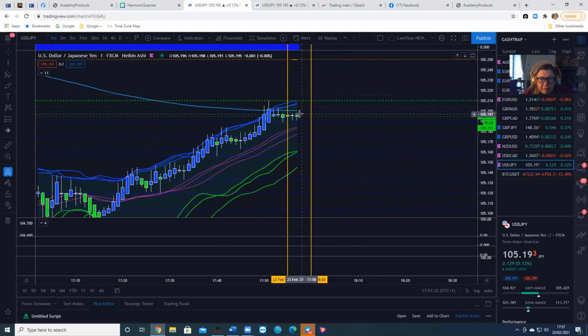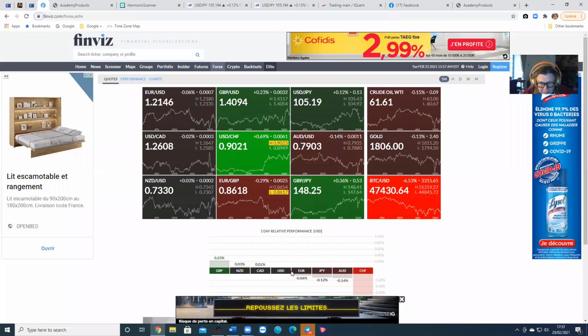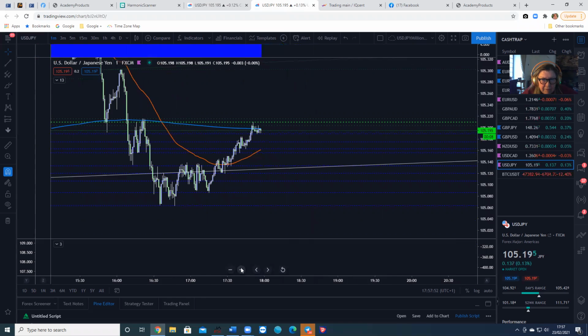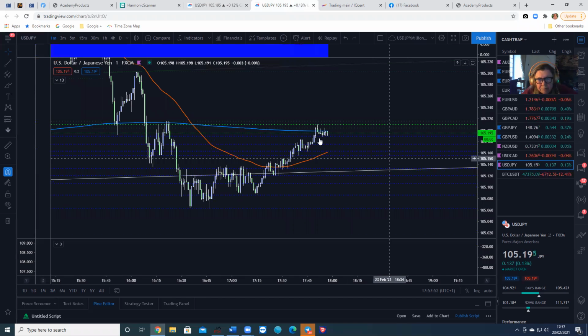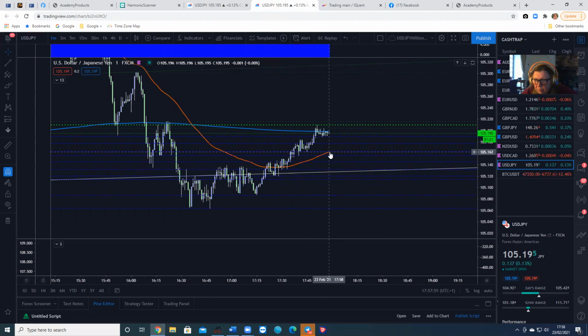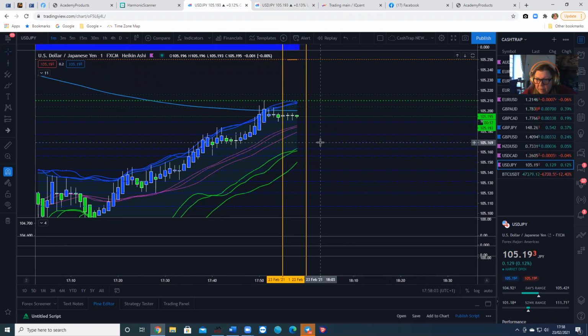So I'm expecting it to carry on up for the hour and then go down, but really we might not stay on that long. If it is in this continued upward trend, because we know the US dollar is stronger than the Japanese yen, and the Japanese yen is on bank holiday today so there's going to be less volume in the market, then that might say to us that we don't want to take another call until it comes back down to 105.162, which would be down here at this Bollinger Band.